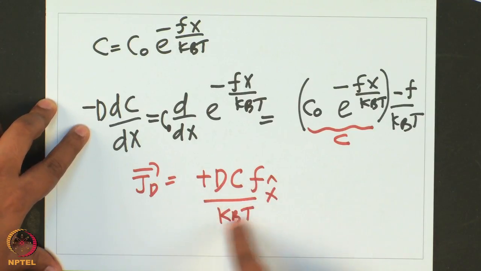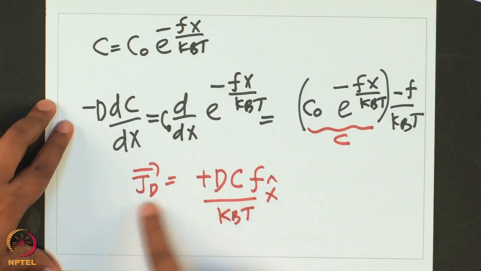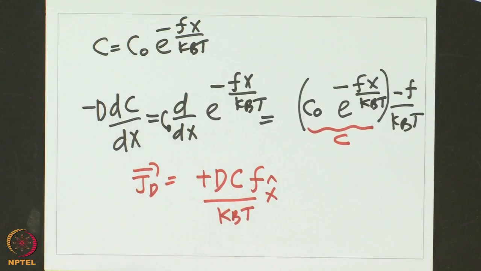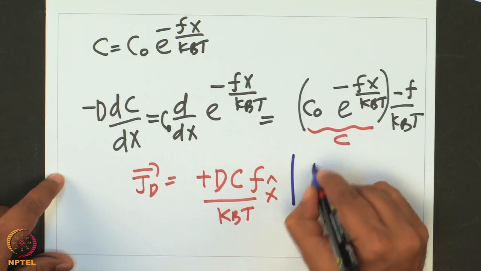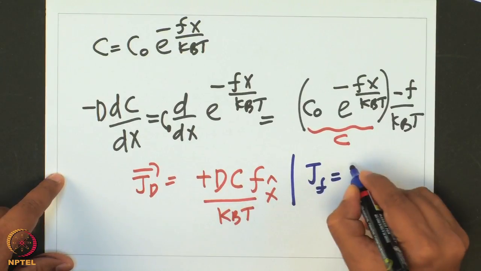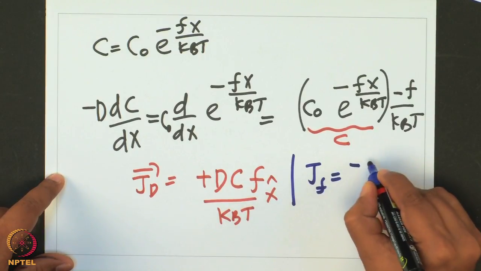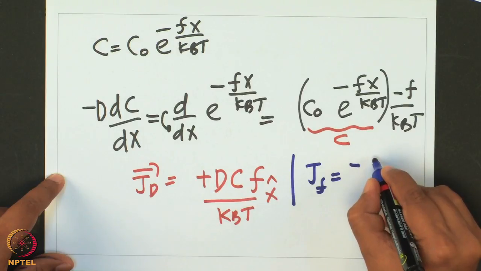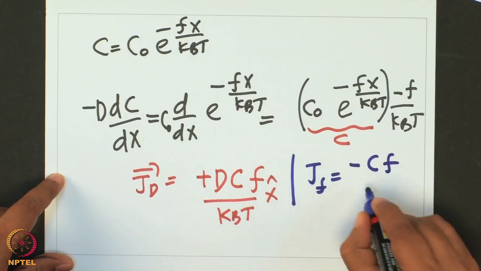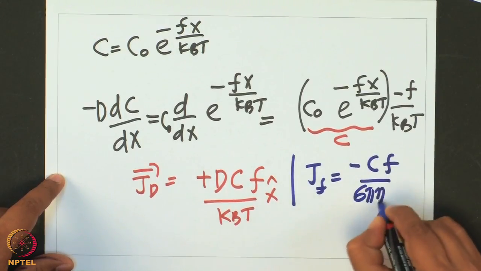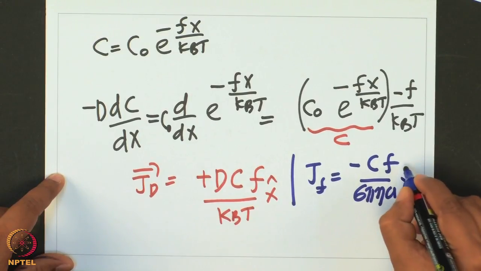So D C f by kBT along x cap will be the current. And the other flow, which we already know, is that Jf is minus C f by 6 pi eta a x cap.